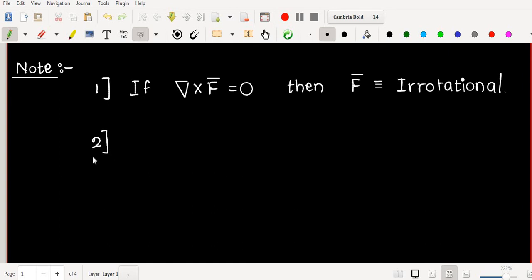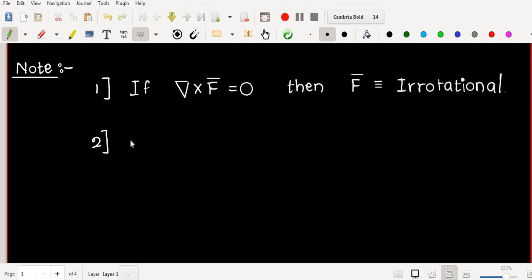Similarly, if the domain of the vector field is simply connected, that is, there are no discontinuities for the vector point function, then the entire vector field will be conservative, or it is equal to the gradient of a scalar function.